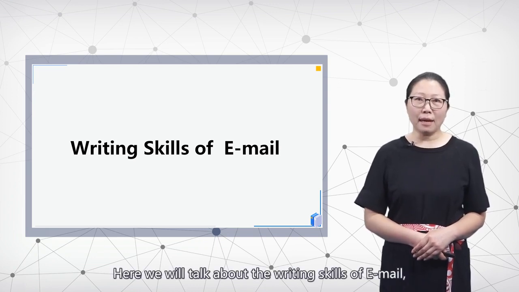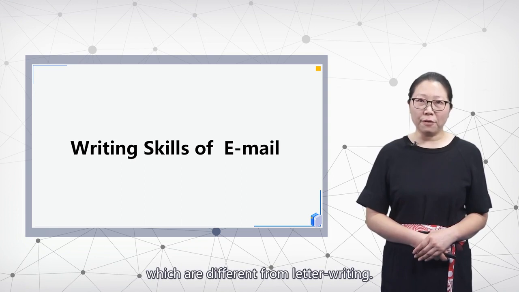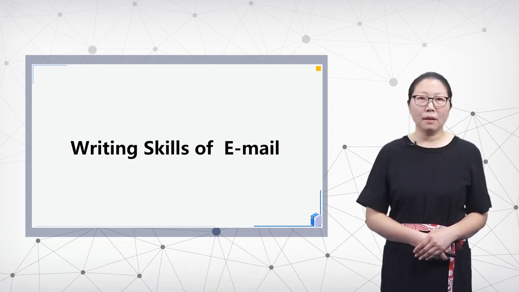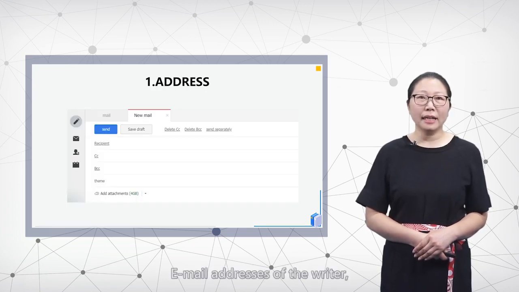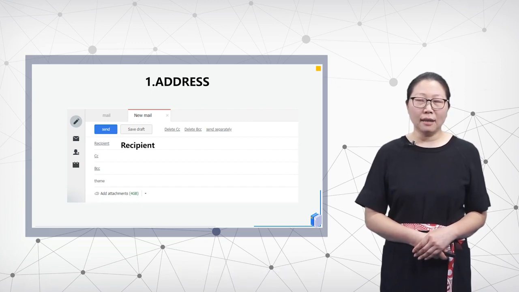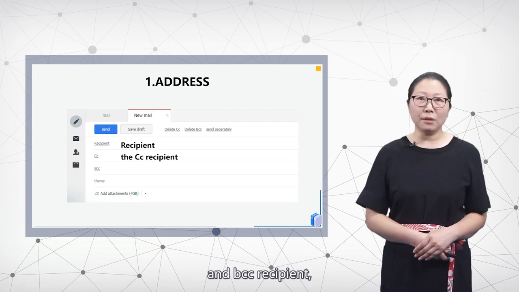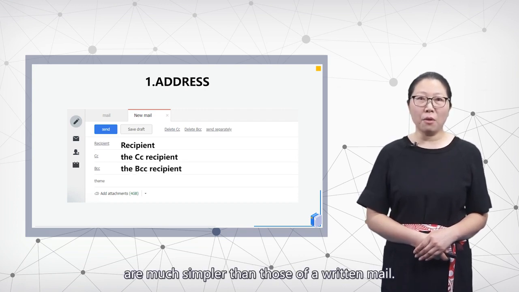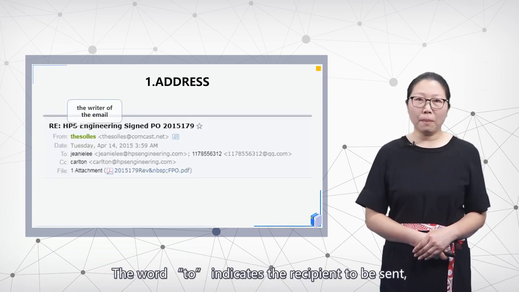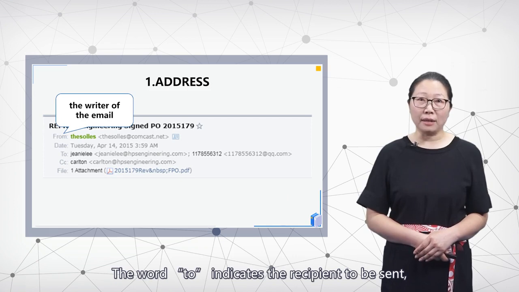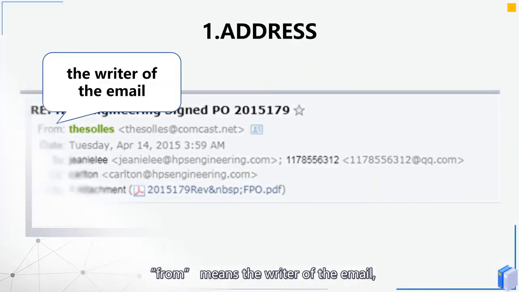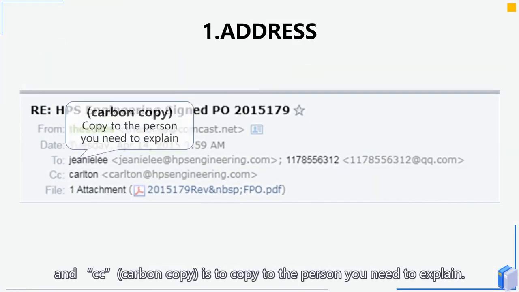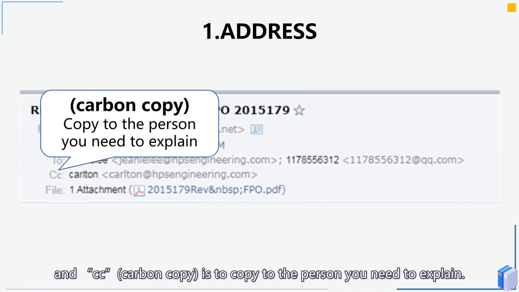Here we will talk about the writing skills of email, which are different from letter writing. First is the address. When sending an email, the address of the writer, the recipient, the CC recipient, and the BCC recipient are much simpler than those of a written mail. The word to indicates the recipient to be sent. From means the writer of the email, and CC is to copy to the person you need to explain.